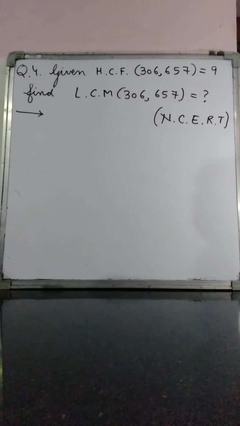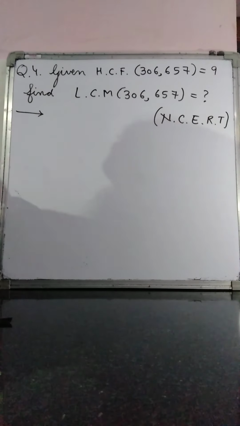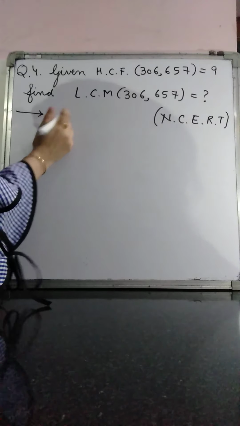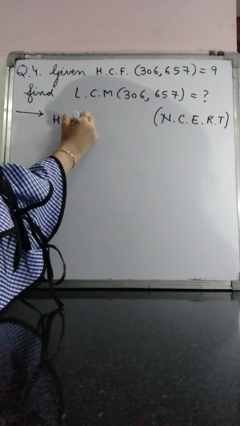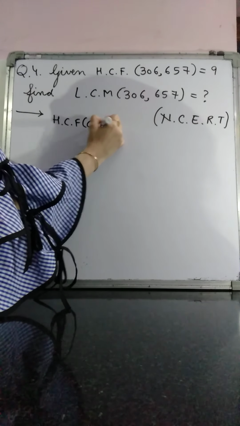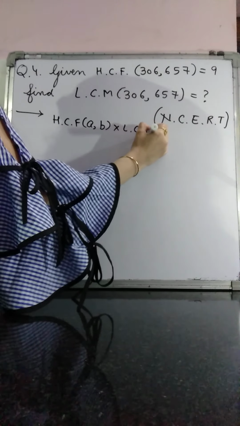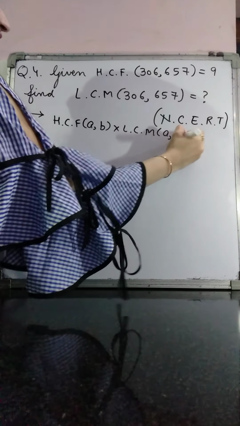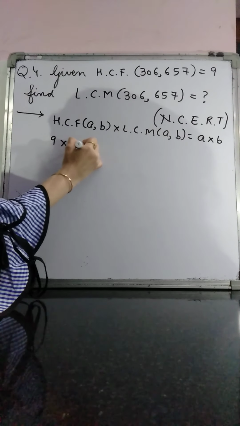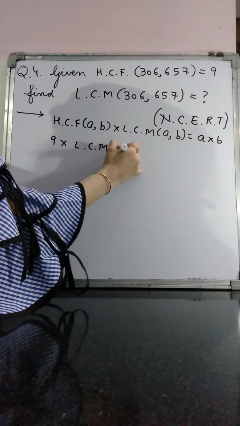Now the fourth question is HCF is given, LCM we have to find it. Apply HCF of two numbers into LCM of two numbers is equal to product of two numbers. Substitute value of HCF 9 and LCM we have to find out.